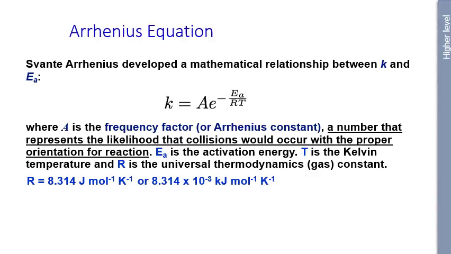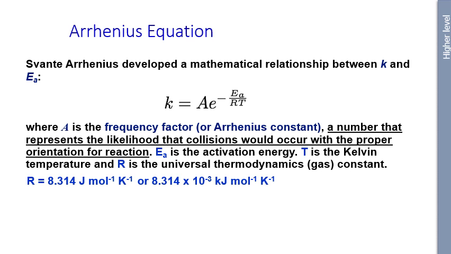So essentially the lesson will be based around the Arrhenius equation, and the chemist Svante Arrhenius developed a mathematical relationship between the rate constant and activation energy, which is k equals A e to the negative Ea over RT, where A is the frequency factor, also known as the Arrhenius constant, which is the number which defines the likelihood that collisions will occur with a proper orientation for the reaction.